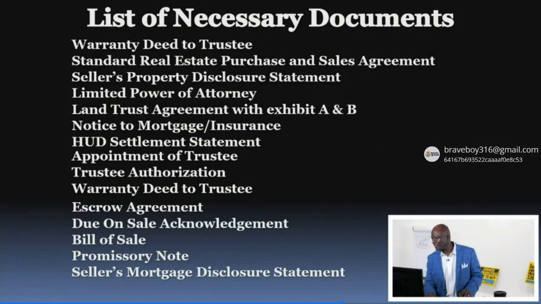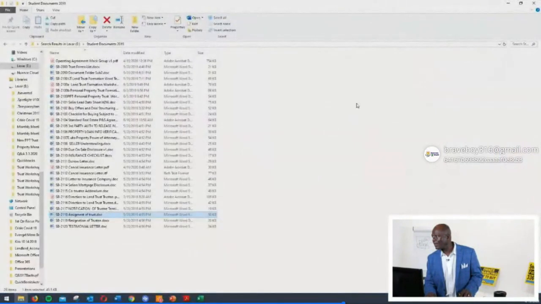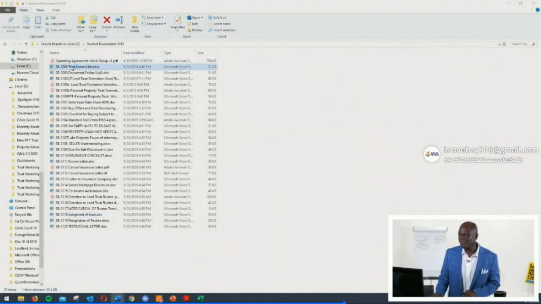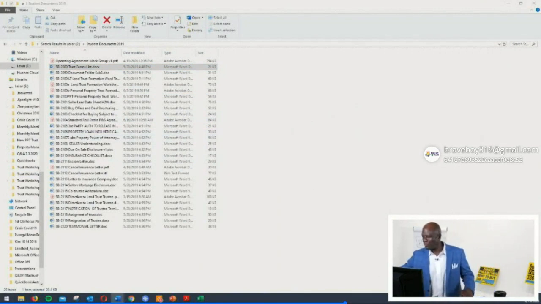All right, guys, and you will get all of these forms. So first things first, you're going to have a trust forms list. On this trust forms list, you can see everything that's in your booklet. Hold on.